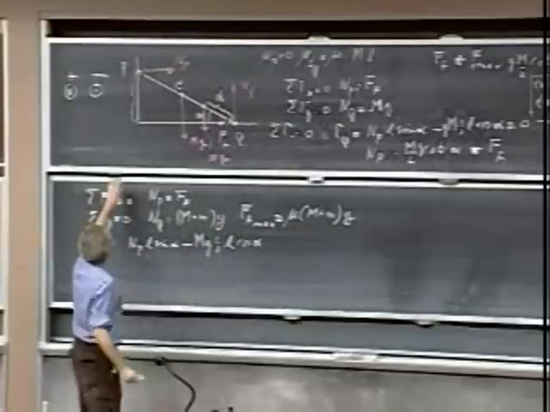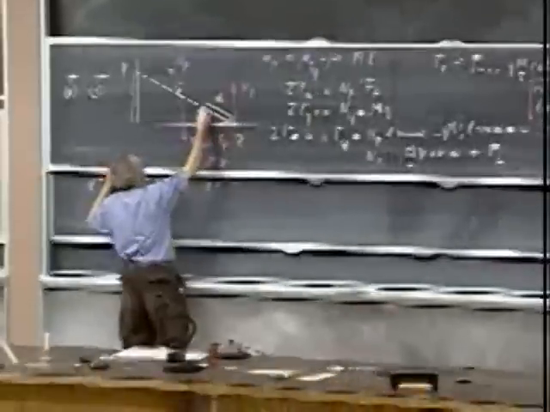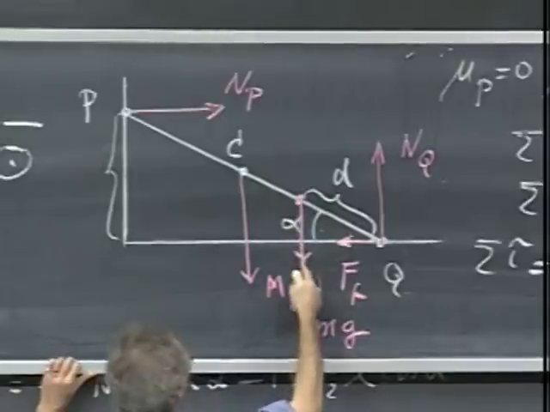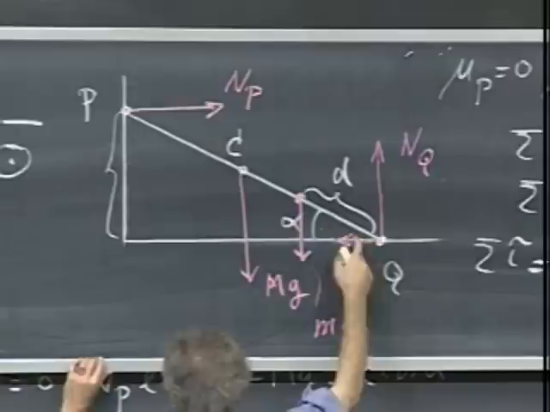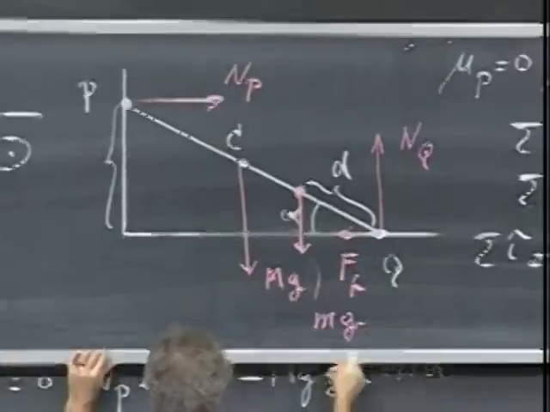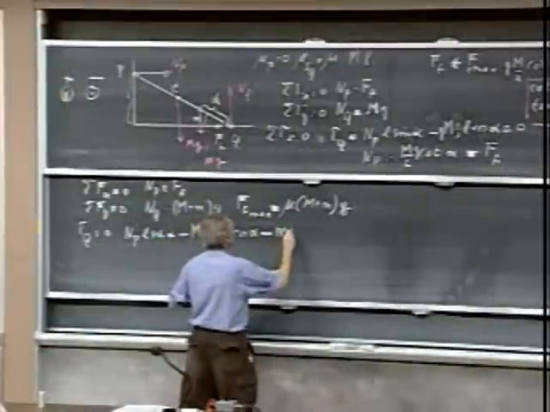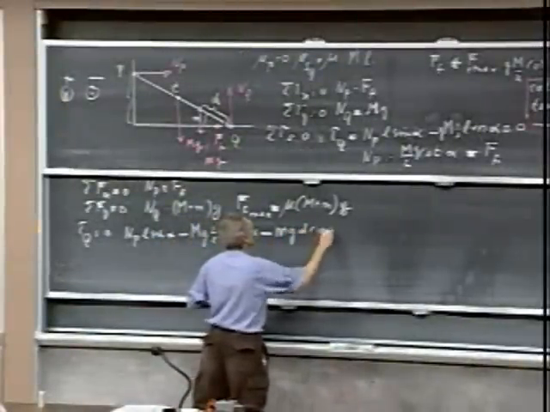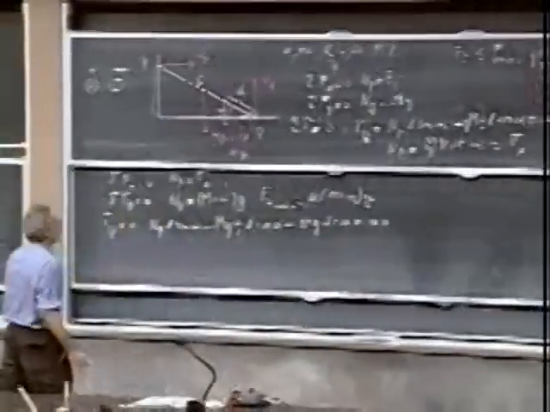But now we have a third term, namely this position vector and this force. And so now we're going to get this distance, which is d cosine alpha times this force. So we have here minus mg times d cosine alpha, and that now equals 0.